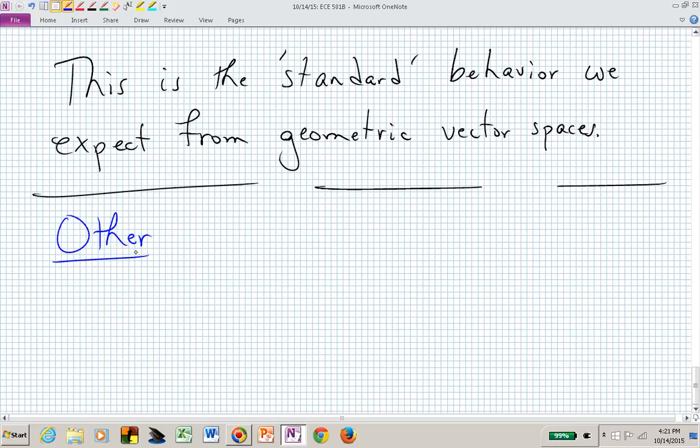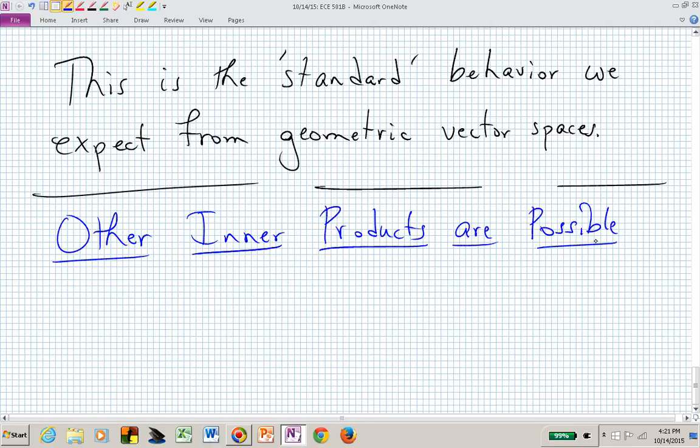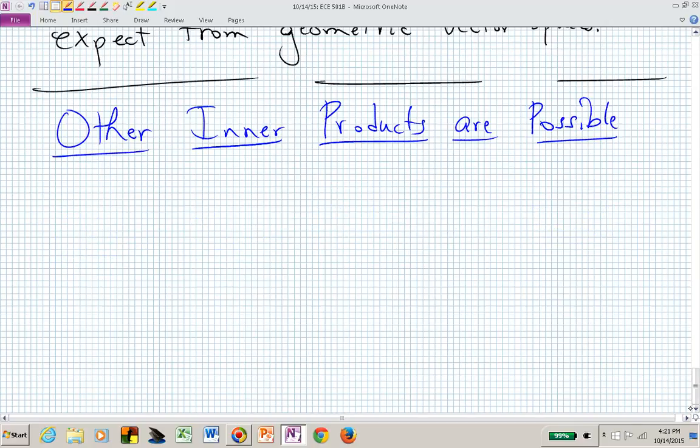So here are some more examples. Let's start with an example again in F^n.